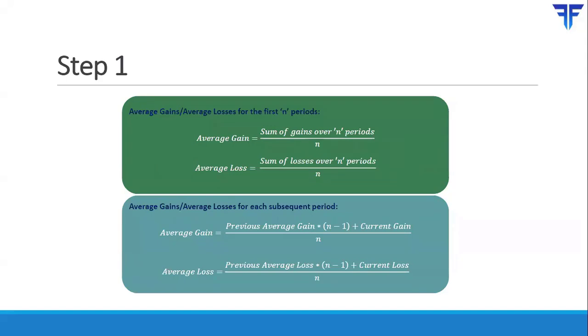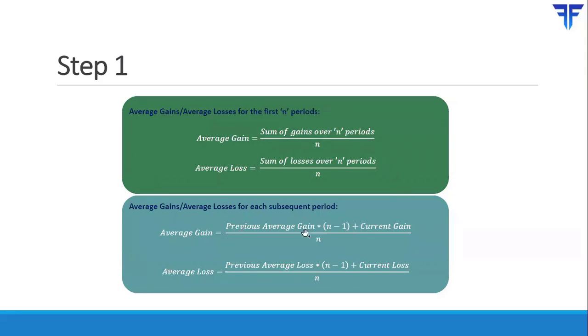Once you compute the first average gain and first average loss, every subsequent average gain and average loss that you compute will be based not on the simple average, but on the Wilder averaging system. So every subsequent average gain would be computed this way. The previous average gain, that is the average gain that you calculated on the previous day, would be multiplied by n-1, which in our case is 14 minus 1, that is 13.